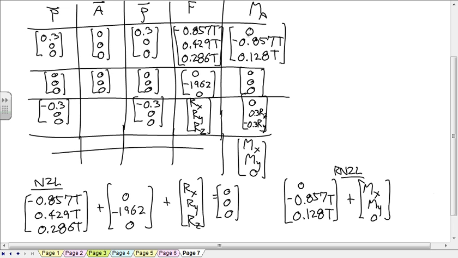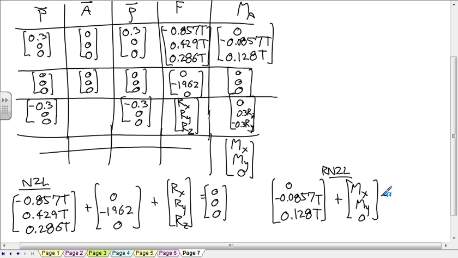There should be a 0 here. And so then add in that last one. So 0.3 Rz negative 0.3 Ry. Add those up, equals 0.